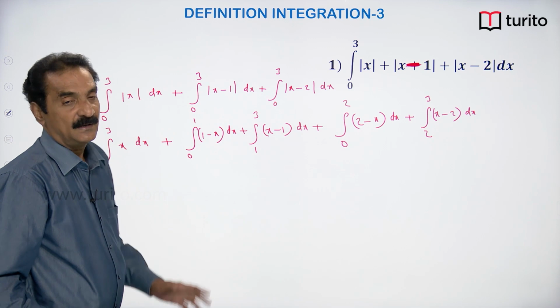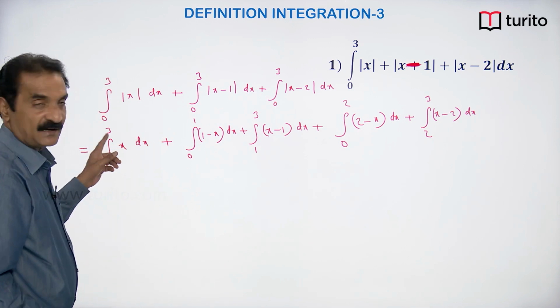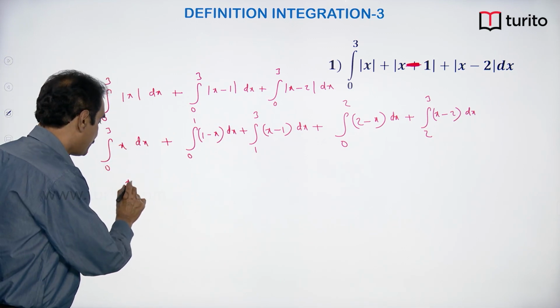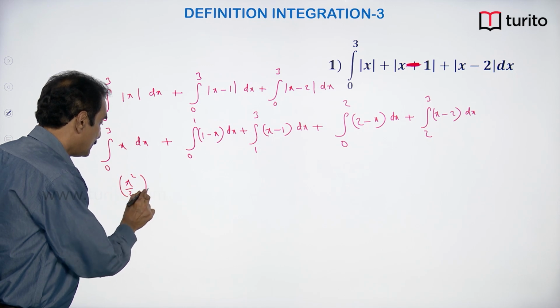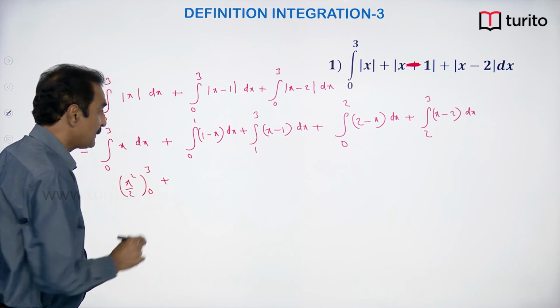Okay. Now let us calculate. Integral x is x square by 2, limits 0 to 3.